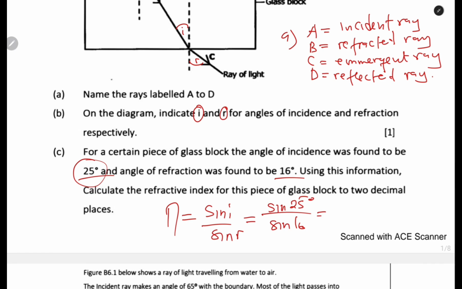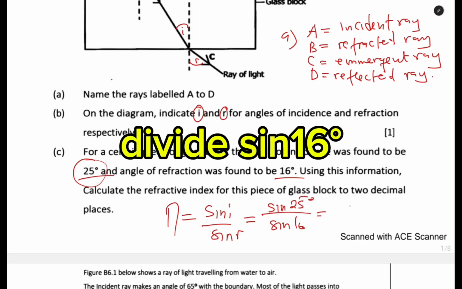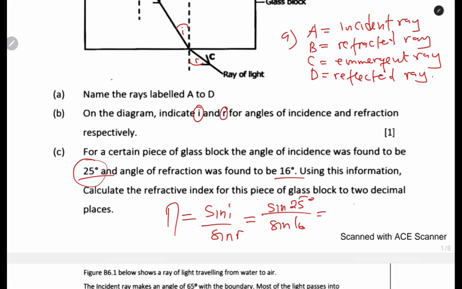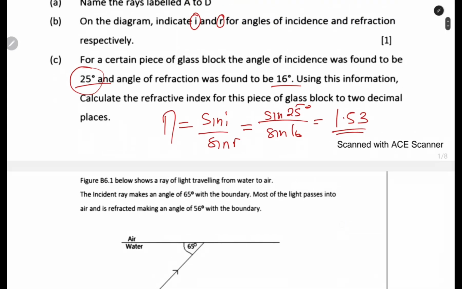That is a common mistake some of you might make. So just divide directly on the calculator: sine 25 divided by sine 16. And you should be able to find 1.53 as the refractive index. It doesn't have units. Okay, so we've answered that question fully.